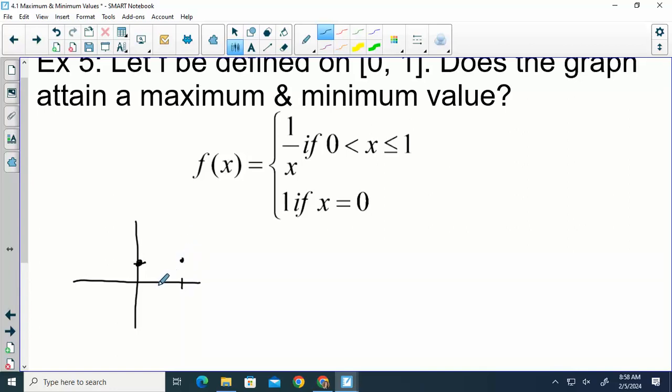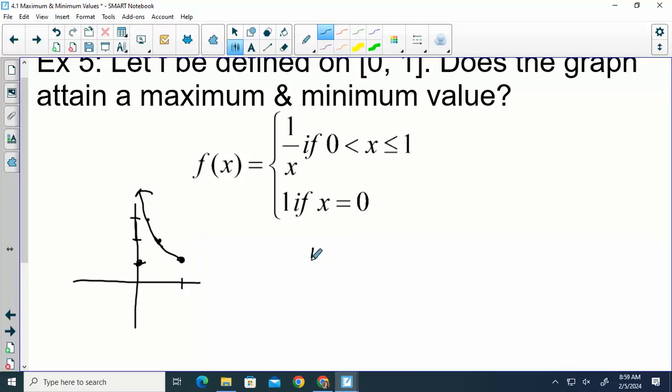If we put in 1/2, what's 1 divided by 1/2? 2. If you put in 1/3, what's 1 over 1/3? 3. So this one just has a vertical asymptote at 0. So it looks like this. So we have 2 endpoints, but it's not continuous because we have a break in our graph.